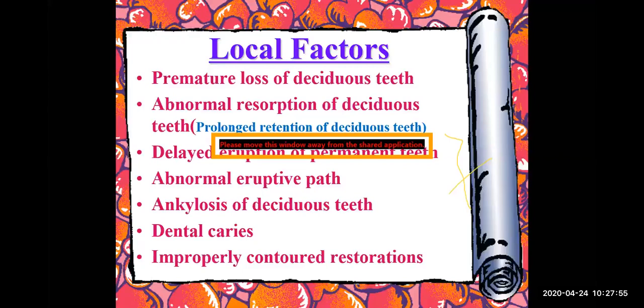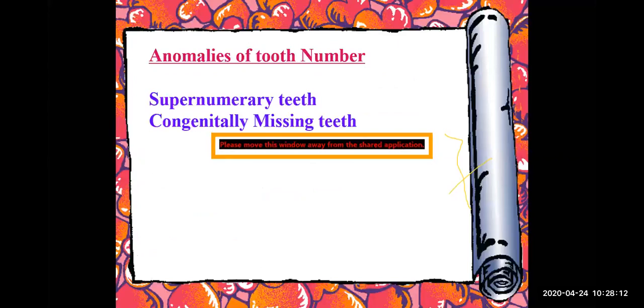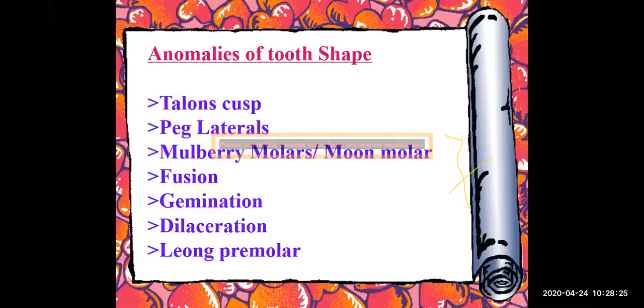So the anomalies of your tooth number, supernumerary teeth and congenitally missing teeth. The tooth shape anomalies, all of you can refresh from your first two years. You can see all those things, the talon and the peg laterals, and even the root is also very, very important for the orthodontist.